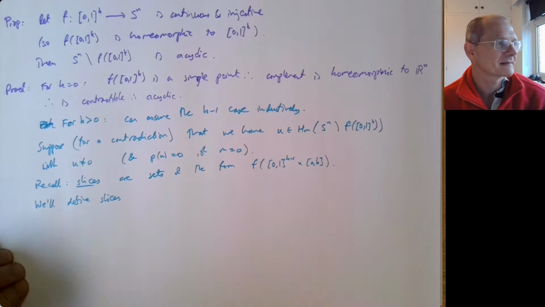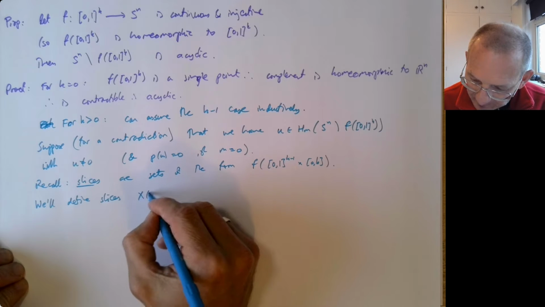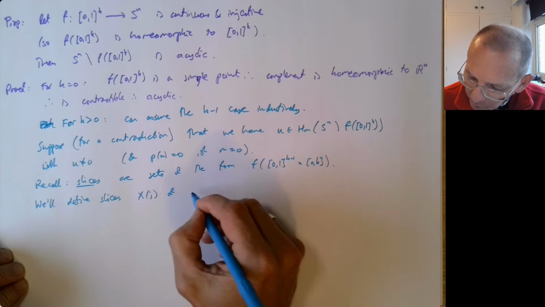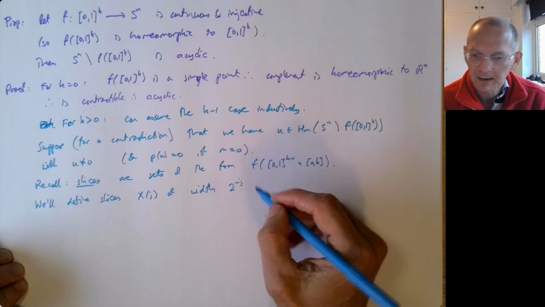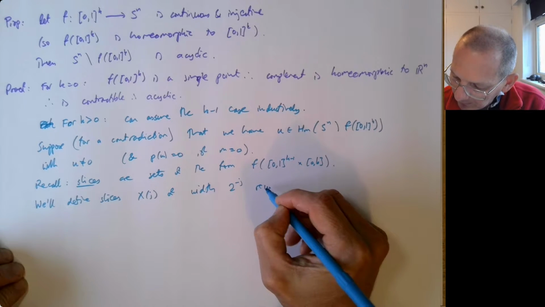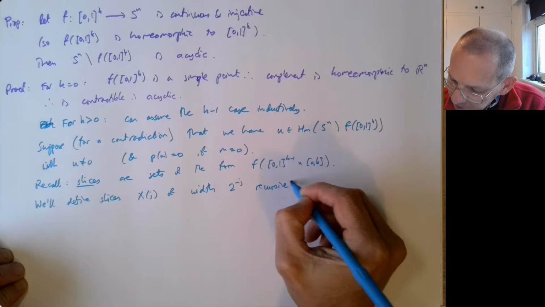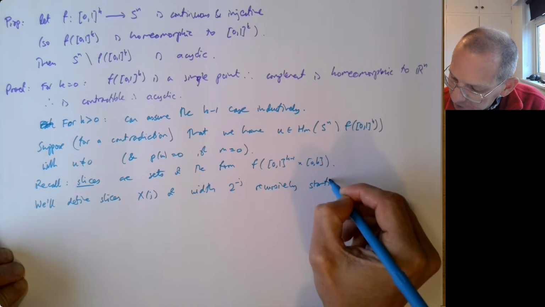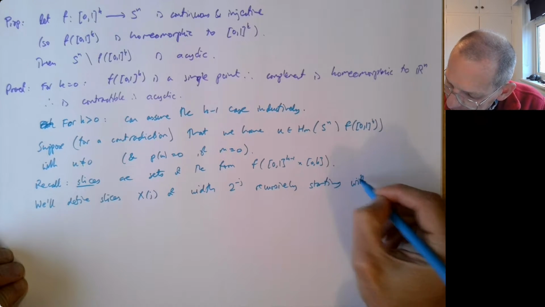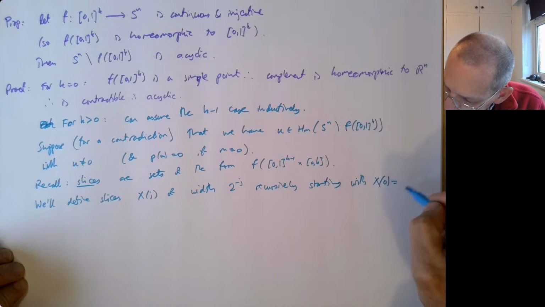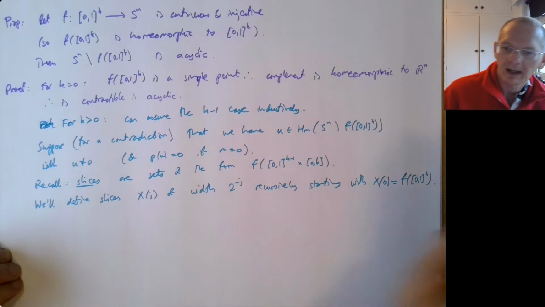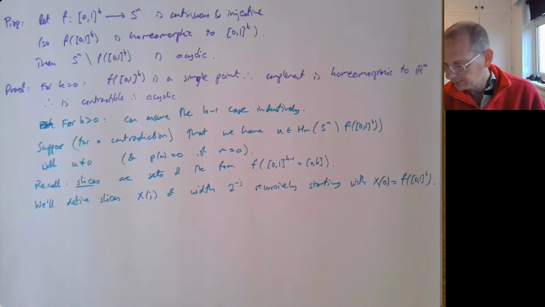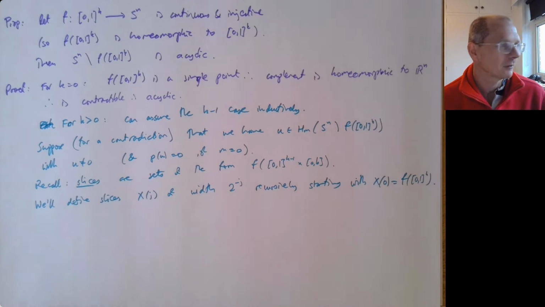So we're going to define some slices X_j of width 2 to the minus j recursively. Okay, so our X_0 is the full set X that we started with, just the image of the whole cube.